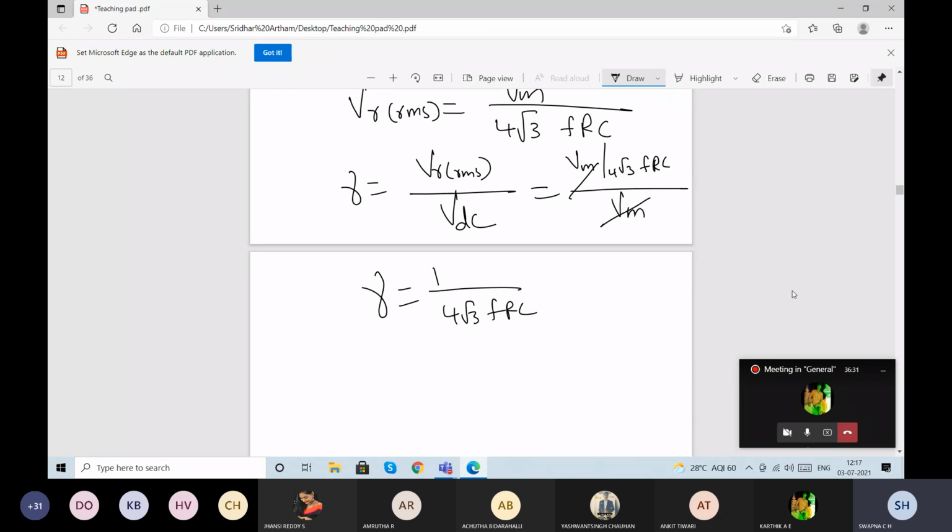This is for the full wave rectifier. If you take the half wave rectifier, gamma is 1 by 2 root 3 FRC. So if you observe, the ripple factor of the full wave rectifier is less when compared with the half wave rectifier. This is all related to the full wave rectifier with C filter.